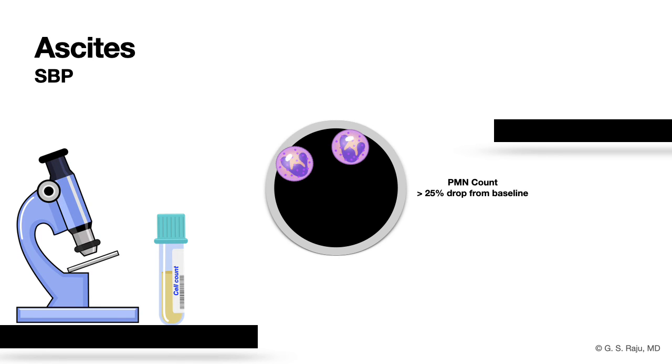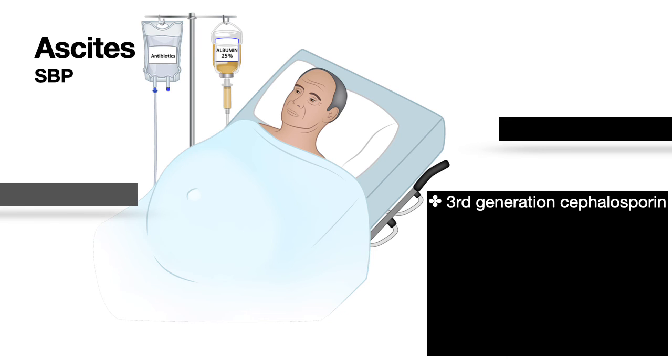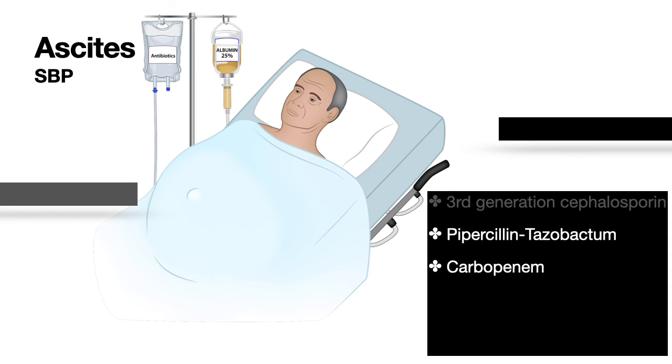On the other hand, if the polys decrease by less than 25% compared to the baseline, then you have to think about your antibiotic choice. The patient is on third generation cephalosporin. Maybe you have to broaden the coverage by adding piperacillin-tazobactam or a carbapenem. So something to keep in mind as you manage these very sick patients.